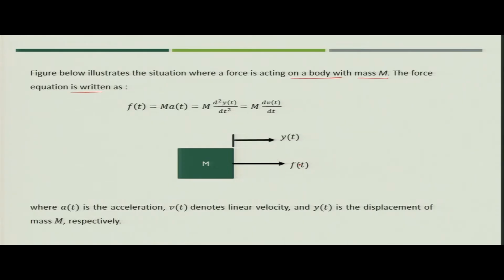So, what can you write? F(t) is nothing but m into a, that is acceleration. Acceleration you can simply write as d2y by dt2, or you can write m dv by dt. What is a? a is the acceleration, v is the velocity, and y is the displacement of the mass.